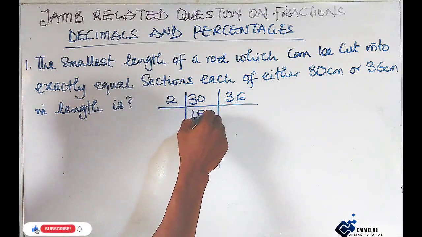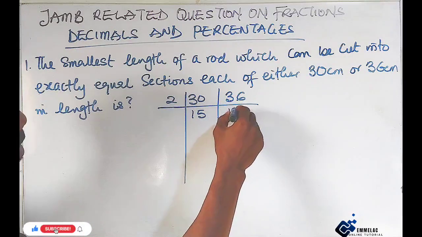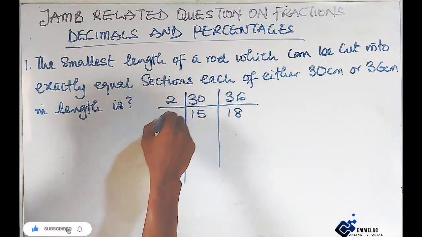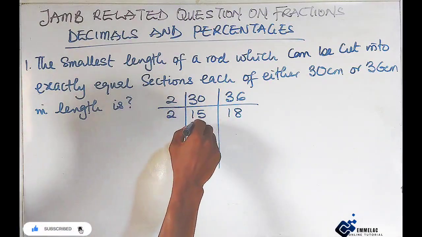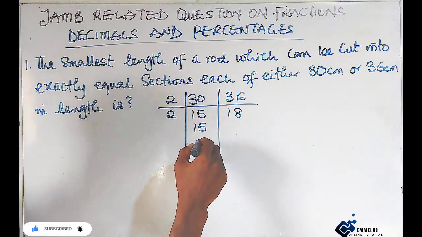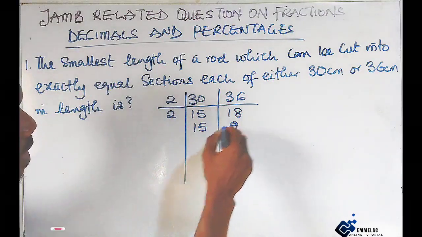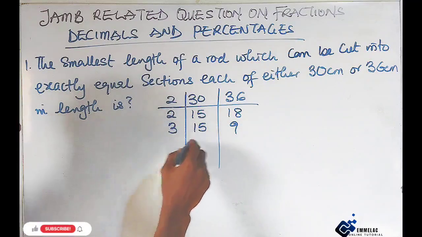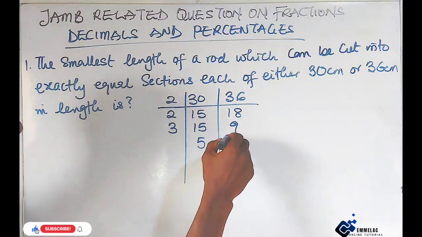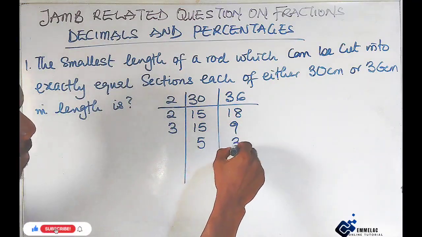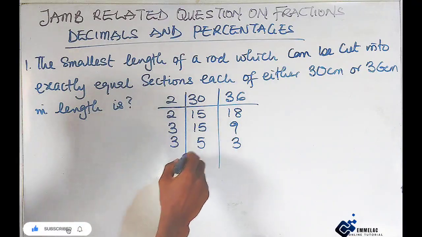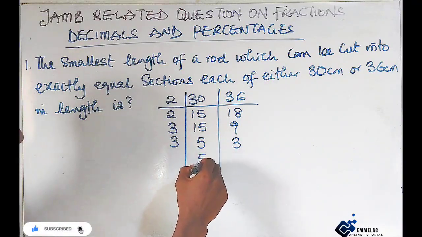Here we have 15, and here 18. 2 in 30 gives 15, 2 in 36 gives 18. 2 cannot go in 15, so we keep 15, and 18 gives us 9. Now 3 in 15 gives 5, 3 in 9 gives 3, then 3 in 5 remains 5.